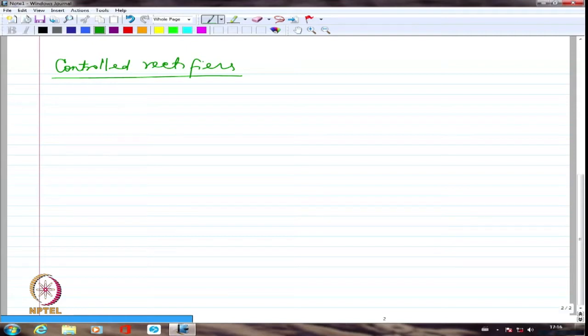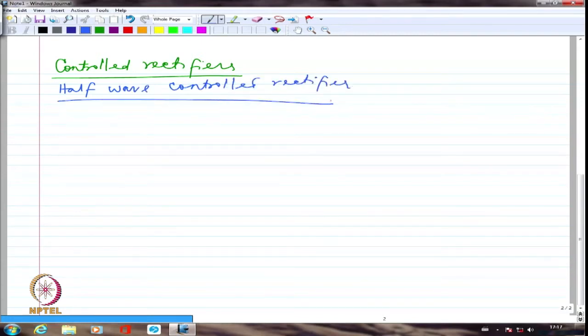So let me start off with the half wave controlled rectifier. I am looking at a similar circuit. The only thing is I am going to replace this diode by a thyristor.